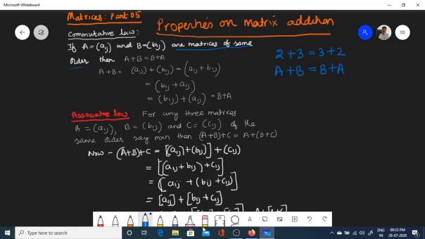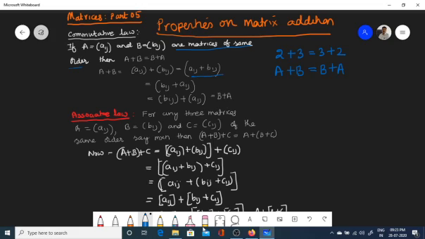ಇದನ್ನು ನಾವು ಸರಳವಾಗಿ ಪ್ರೂವ್ ಮಾಡಬಹುದು. A plus B is equal to matrix Aij plus matrix Bij, that is equal to matrix Aij plus Bij. How are we obtaining this? By adding the corresponding elements of the two matrices.